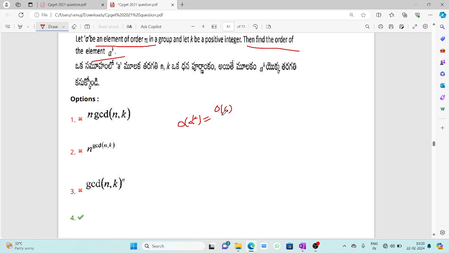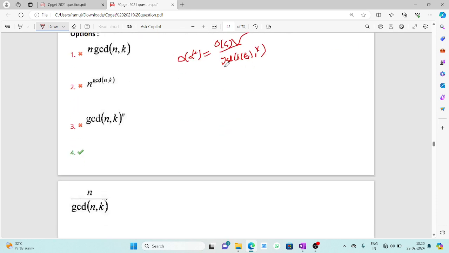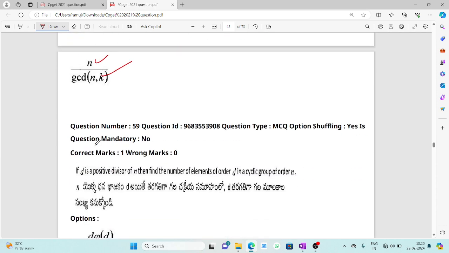So the formula is GCD of order of G, comma k. Order of G you are given as n. So you just substitute the order of G, we get GCD of n comma k. So this is the direct statement for this question. Option 4 is the correct one for this question.